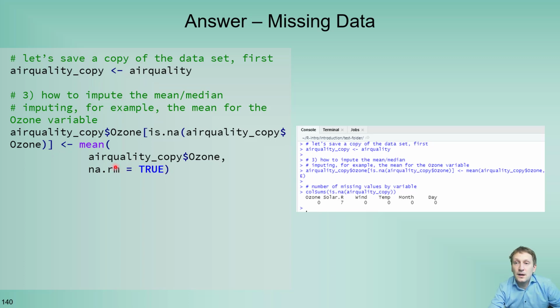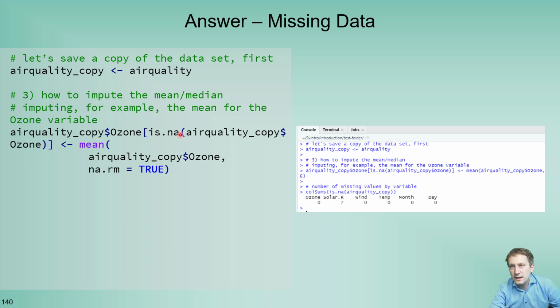So let's first start with the left here. We want to do this variable by variable, starting with the ozone column where we have the most missing values. So we're selecting the ozone column with the dollar operator. That's one way of doing it. And then we use the brackets to actually select the missing values.